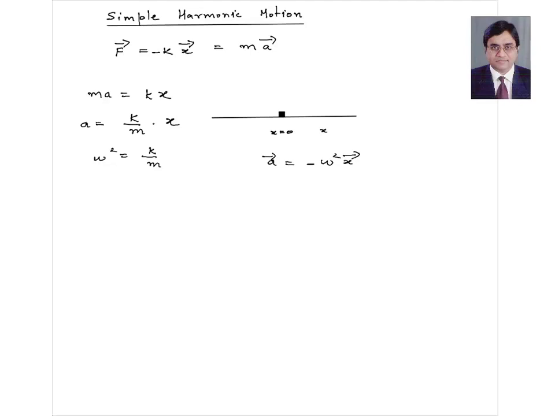Now this omega is not your angular velocity of circular motion. Where is the circular motion here? There is no circular motion here. It's a straight line motion we are discussing. We are discussing linear SHM right now. Later on we will also come across angular SHM, but right now it is linear SHM. Its motion is taking place in just one line.